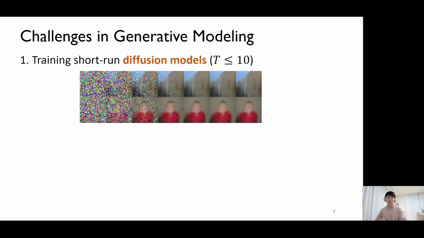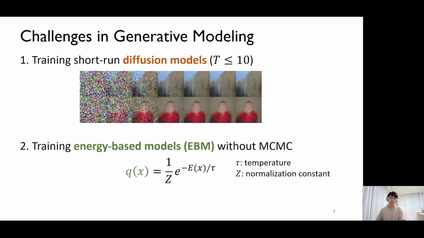In this work, we tackle two challenges in generative modeling. The first challenge is to train a diffusion model with a smaller number of time steps. If we decrease the number of time steps in a diffusion model, the samples can be generated faster, but the sample quality usually becomes worse. Another challenge we aim to address is training an energy-based model without MCMC.